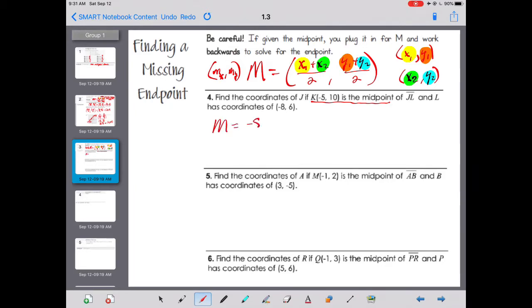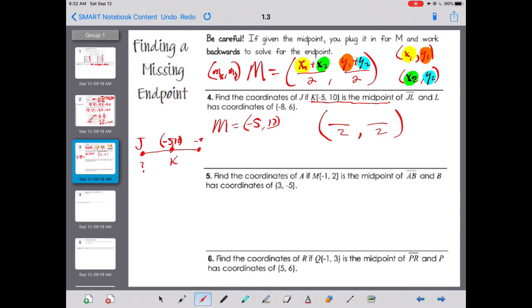So M is negative 5, comma, 10. When I set up my divide by and plug things in up here, and if you need to, draw a picture of it. So J is where I'm going to look. Don't know that one. K is in the middle and is at negative 5, 10.